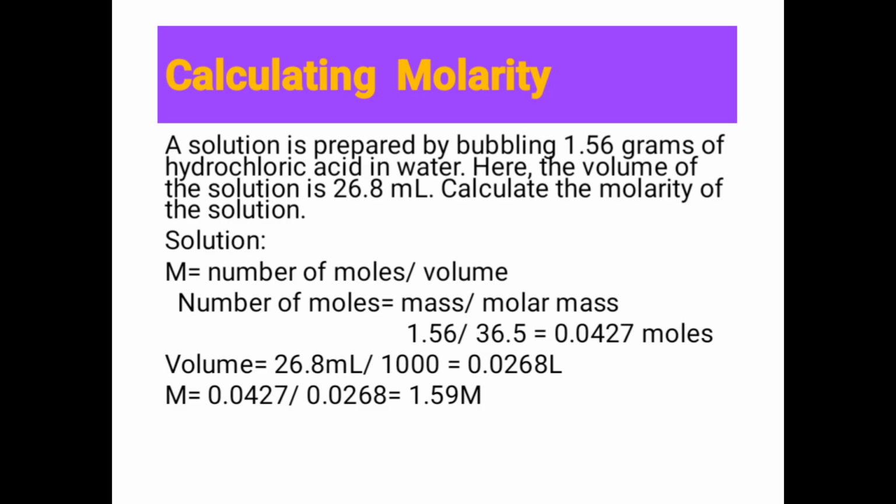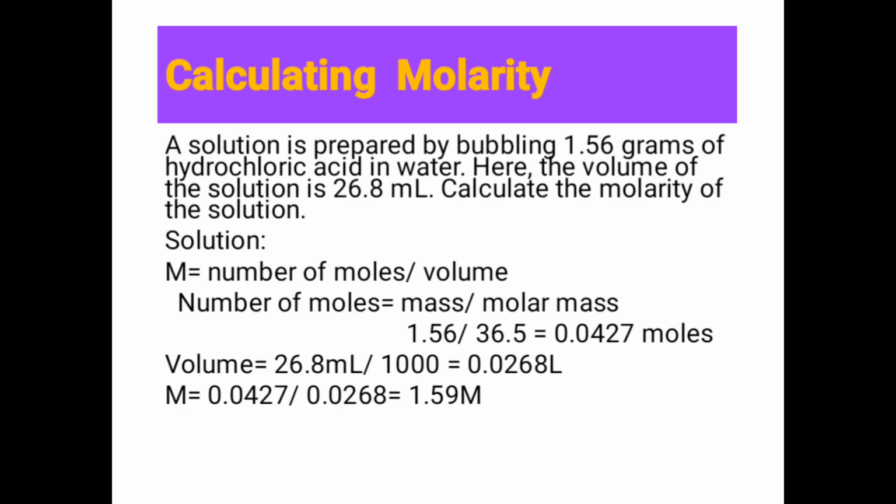Please take note. Here we are dealing with molarity, and to make it easy, the first thing to do is to convert that mass to moles. If you see questions like this, you convert the mass to moles: number of moles is equal to mass over molar mass. Then you look for the molar mass of hydrochloric acid.